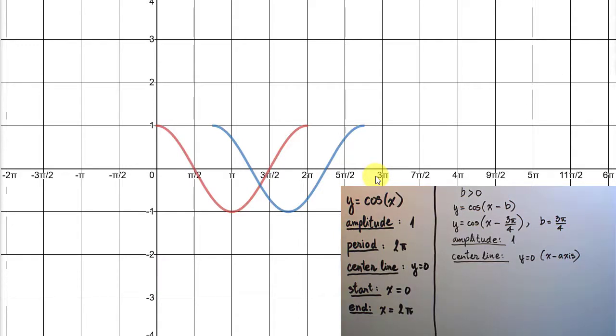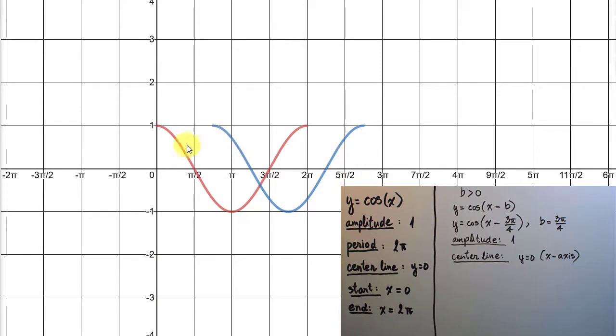And now let's get to the period. As an estimate, it does look like our blue graph has the same length from the beginning to the end of our wave, even though we're not yet clear where the start and the end of our blue curve are.